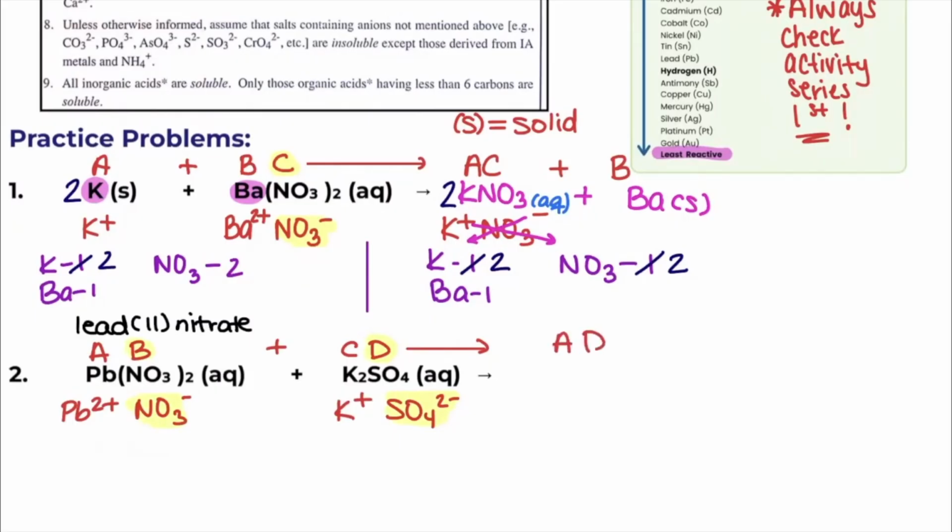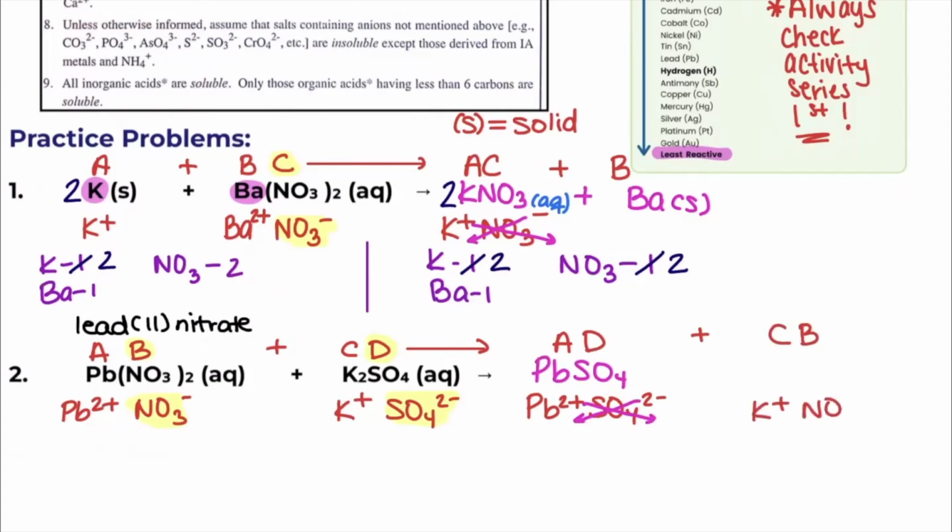So now our A will pair with our D. So lead will go ahead and pair with sulfate. When we cross the +2 and the -2 charge, they end up canceling each other out and we end up getting PbSO4, or lead 2 sulfate. Our C is our potassium, and that's going to pair with our B, which is our nitrate.